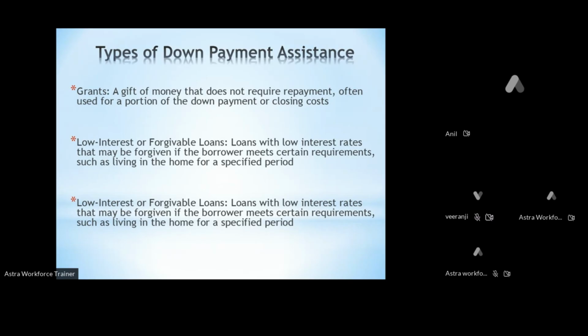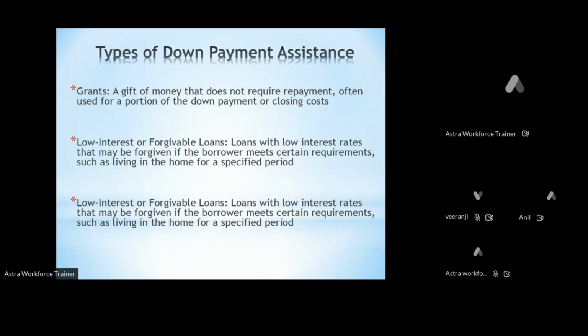Okay, so grants is nothing but a gift of money that does not require repayment. The grant can be given to the borrower by a relative, or the lender also can give it as a gift.